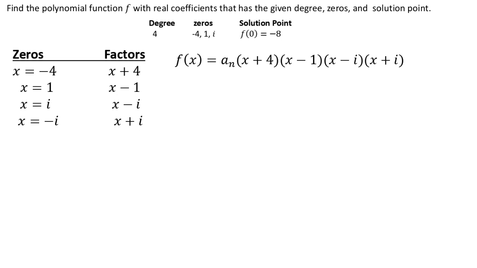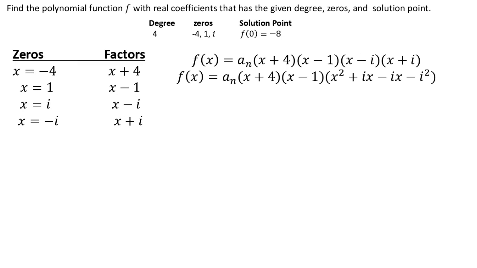Now, I like to do the imaginary part first, and then I like to do the multiplication, and then I combine, okay? But it's up to you how you want to do it. You can do it just straightforward. So in our example here, we did the imaginaries first. So x times x gave me x squared. The x times the i gave me ix.